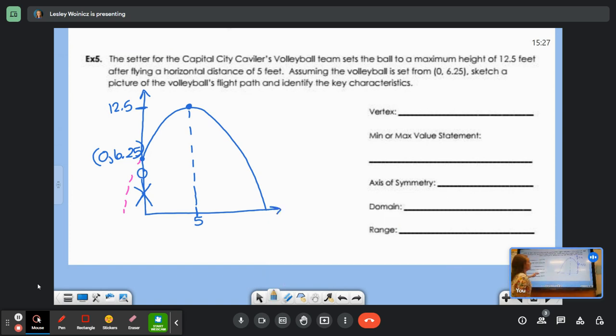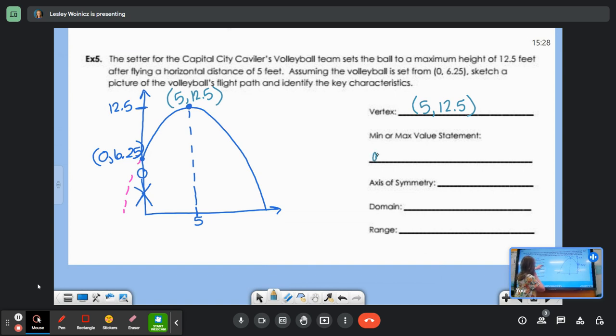What is our vertex? X first. 5 first. And then the 12.5. Okay, so 5, 12.5. Do we have a min or a max? Max.